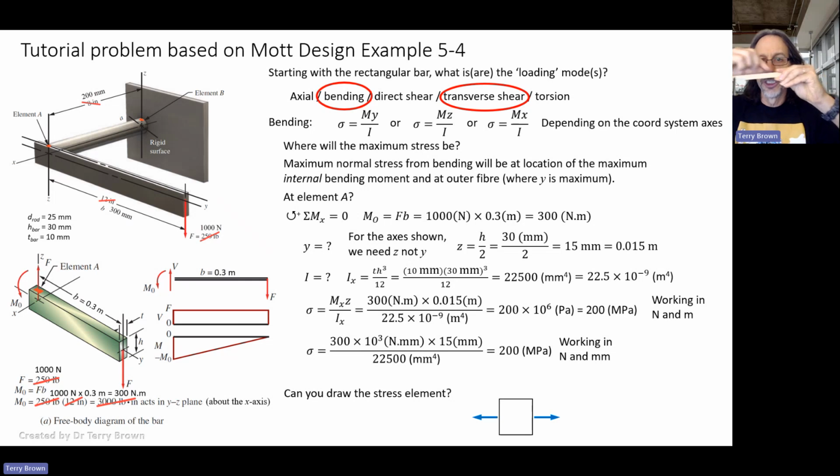If the top is in tension, it's being stretched along the length of the beam, and that direction, according to our axes that we've got drawn on here, is in the y direction. So we can put on our coordinate system like this. It's being stretched on the top in the y direction.